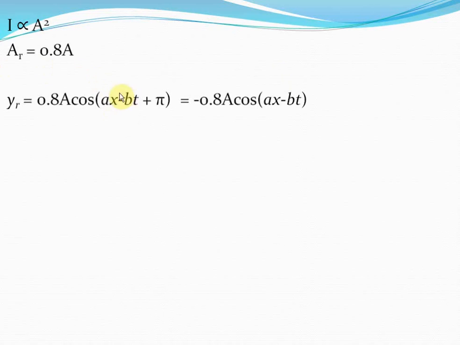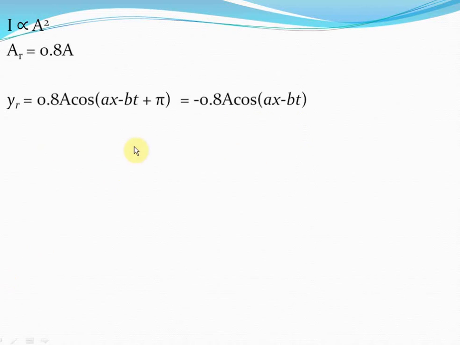Therefore, we will have a minus here because the incident wave, which was travelling in the minus x direction, had a plus here. We know that this wave was reflected after hitting a rigid obstacle. That is why we will add a phase difference of pi here, because when a wave strikes a rigid obstacle, a phase difference of pi exists in the reflected wave. So that gives us the equation minus 0.8A cos(ax minus bt).